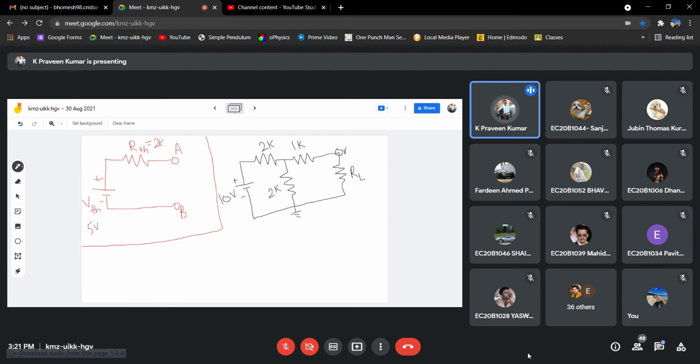This is my terminal A, and this is my terminal B. So let us say this is my circuit, with some load resistance RL instead of the open terminals A and B. Let us say this value is something like 100 ohm. You can take any value, I am just considering 100 ohm here.